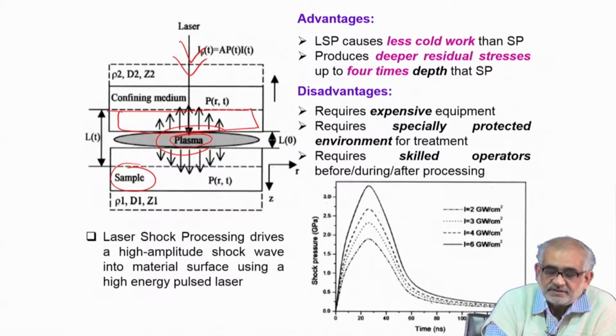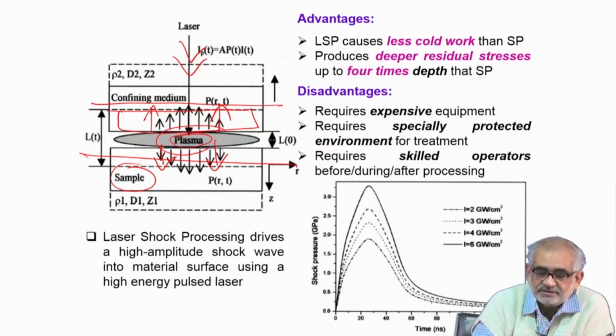But this plasma, immediately after it is generated, would definitely like to expand. So it would like to expand in both directions. Okay? But since this region is confined and this is a rigid body, the plasma is going to transfer its energy by way of creating deformation of very shallow depth onto this workpiece.